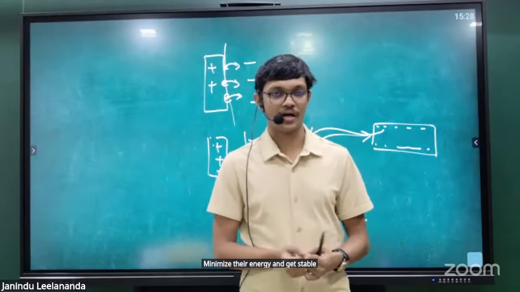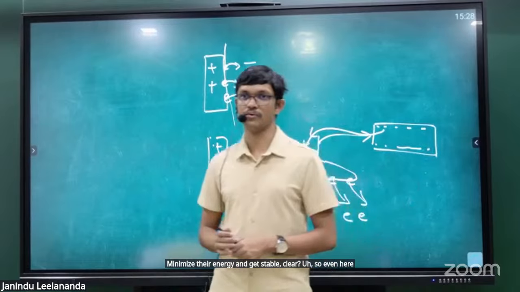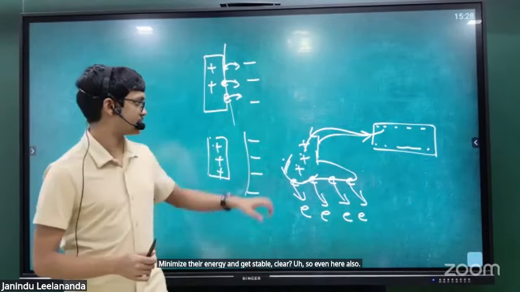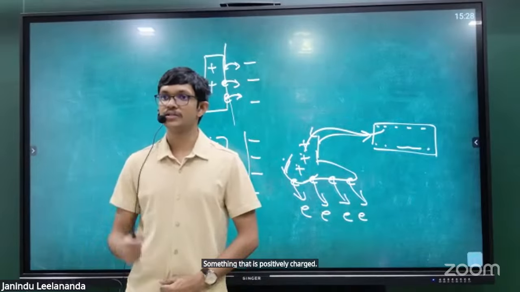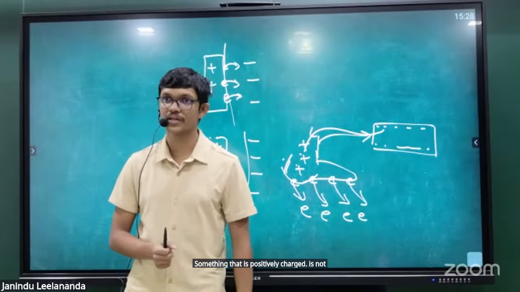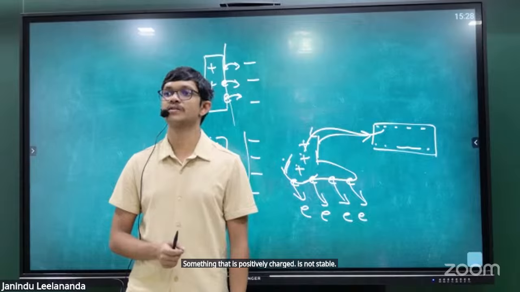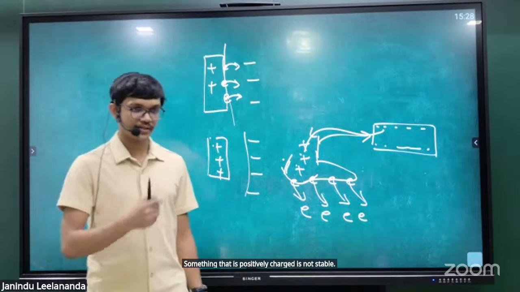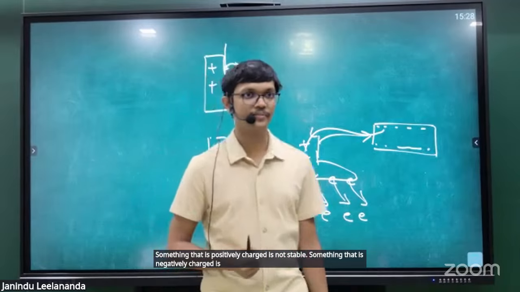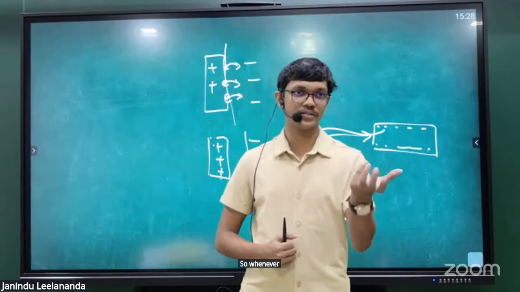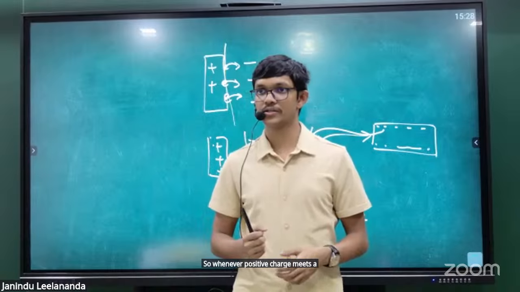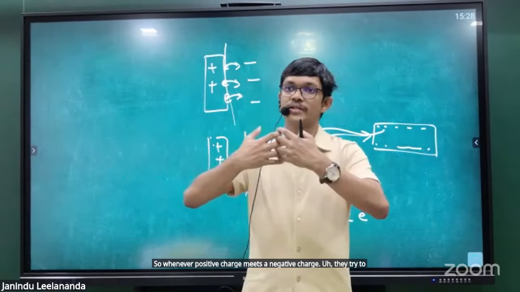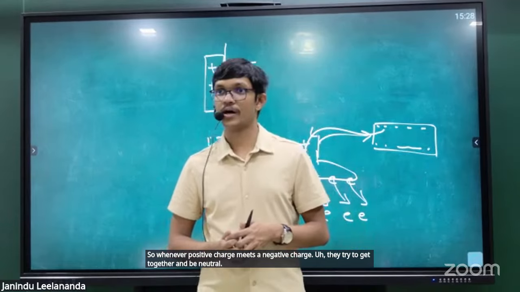Clear? So even here, something that is positively charged is not stable. Something that is negatively charged is not stable. So whenever a positive charge meets a negative charge, they try to get together and be neutral, to be stable.